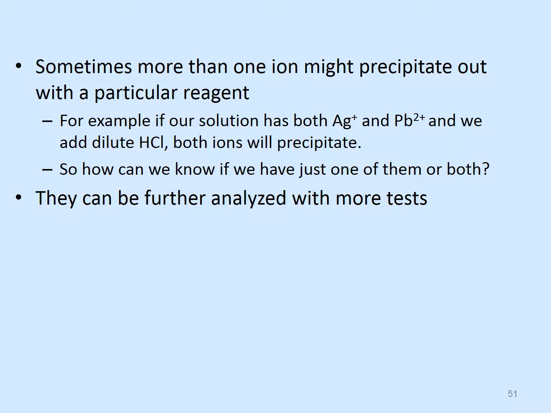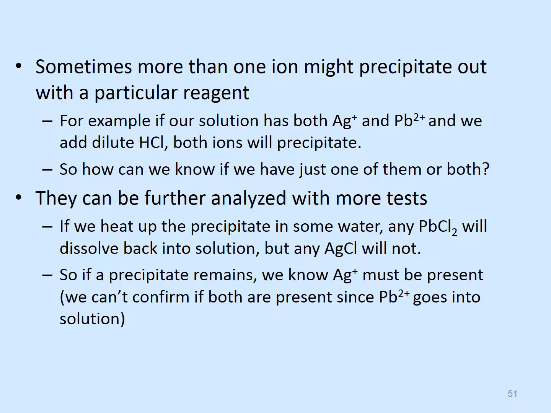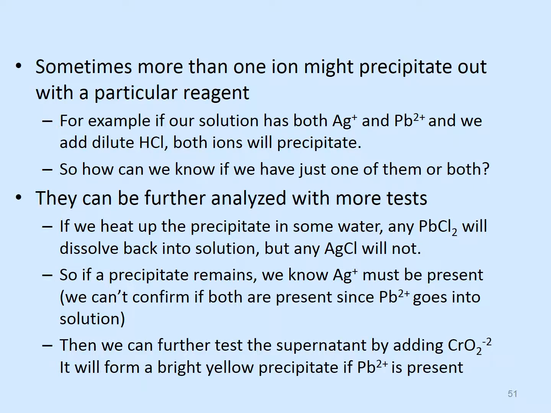So once you've separated them and you know you only have 1 or 2 of them, you can do these further tests to see if they will dissolve in hot water and so forth. So if we heat up the precipitate, any lead chloride will dissolve, but silver chloride would not. So if the precipitate remains, you know you have silver, and then you can further test the supernatant to see if lead is present. So there are different ways of doing it. It's not just 1 and 1, but this is the idea of what you're going to be doing in lab.